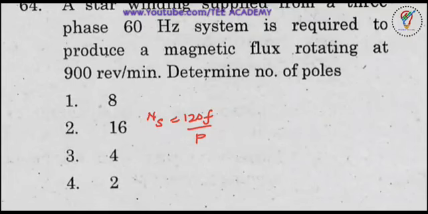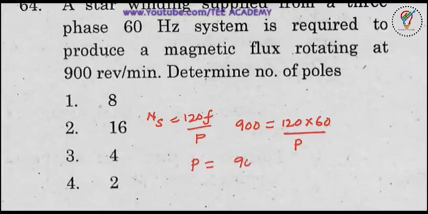Now we will take it as 900 is equal to 120 into frequency, 60 hertz, divided by the number of poles P. So from this we need to find the poles.